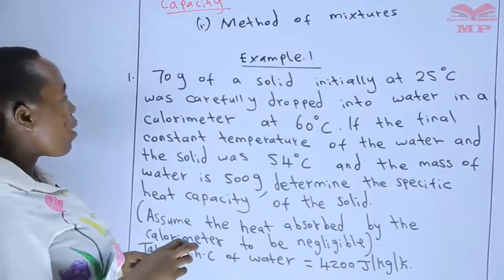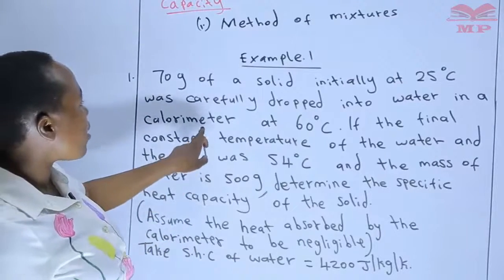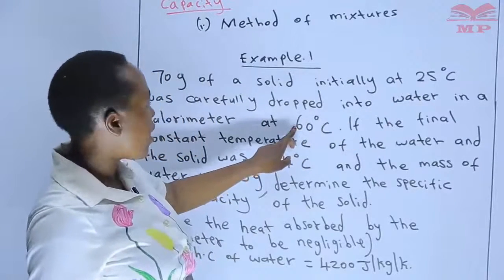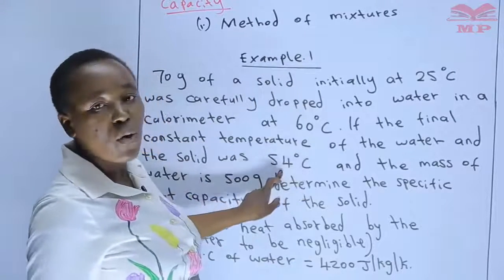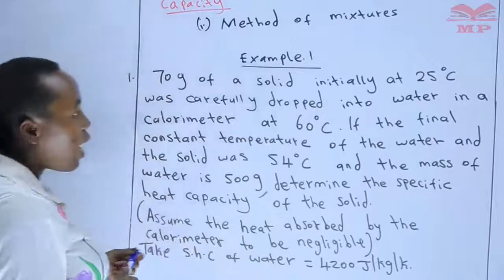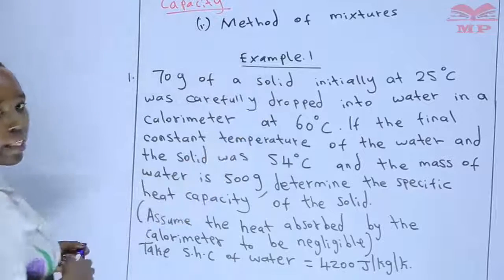So what is losing heat and what is gaining? We can see clearly that the water is initially at 60 degrees Celsius, but now when this solid is dropped, it goes down to 54 degrees Celsius. So here water is losing heat, and that heat lost by the water is being gained by the solid.